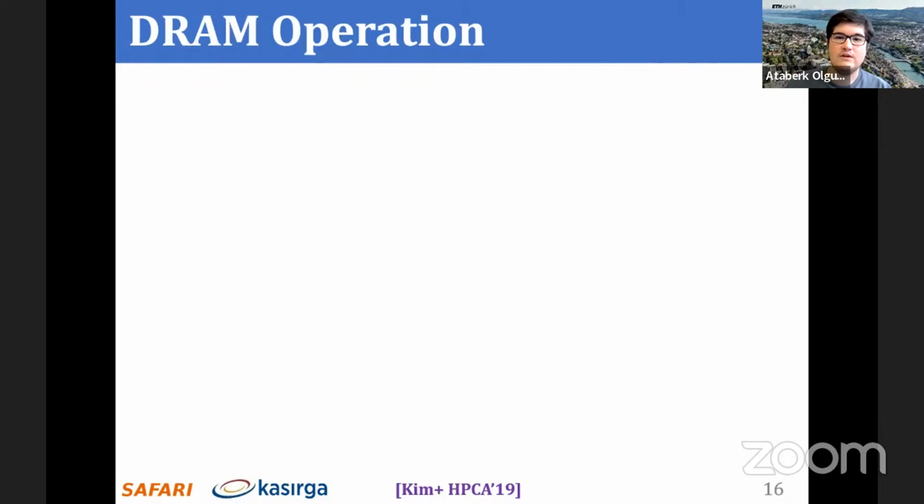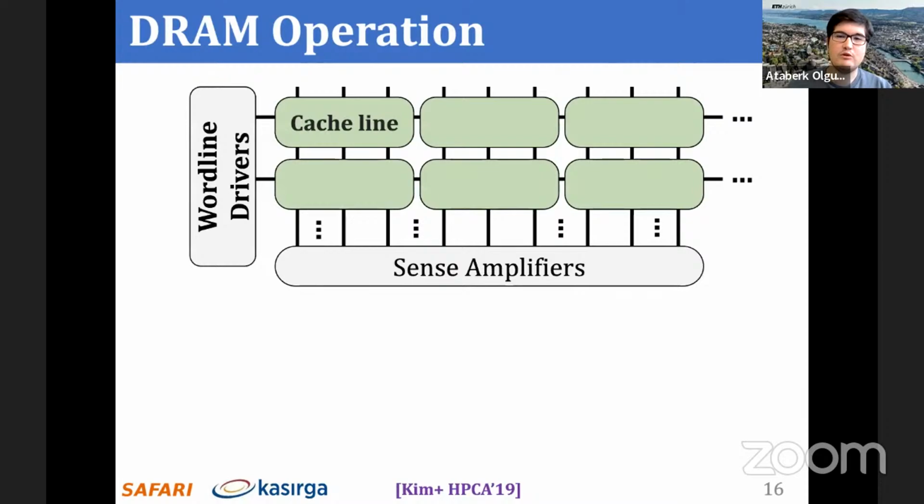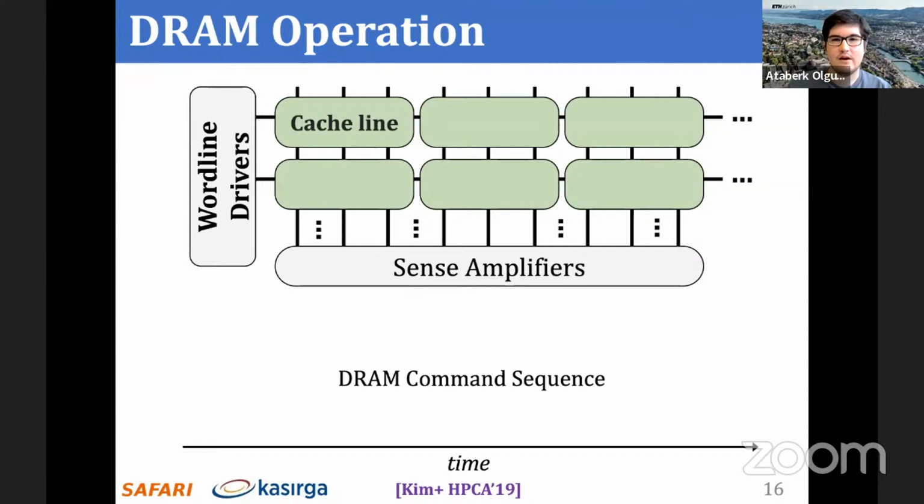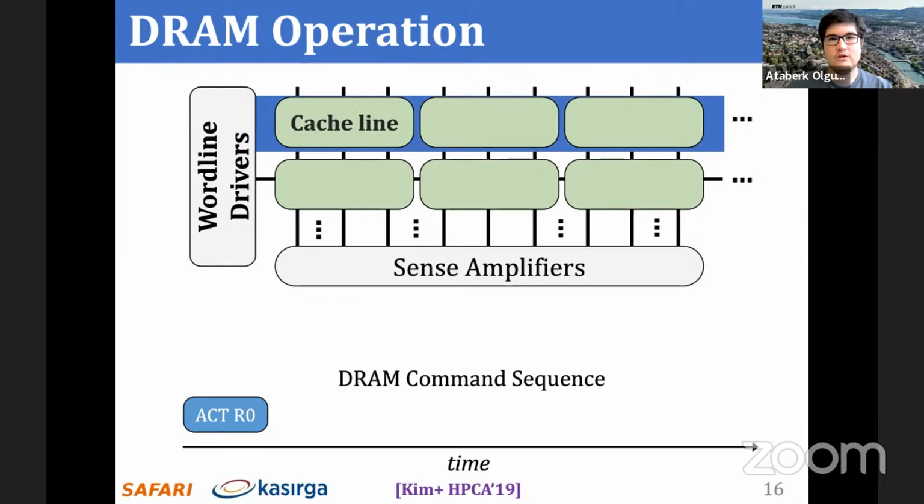So let's now look at how DRAM operates at the scope of a subarray. Because memory controllers typically access DRAM cells at the granularity of a cache block, we combine consecutive DRAM cells to form cache lines in this diagram. On the bottom, we have a timeline of DRAM commands. First, we activate the first row to copy its cache lines to the sense amplifiers.